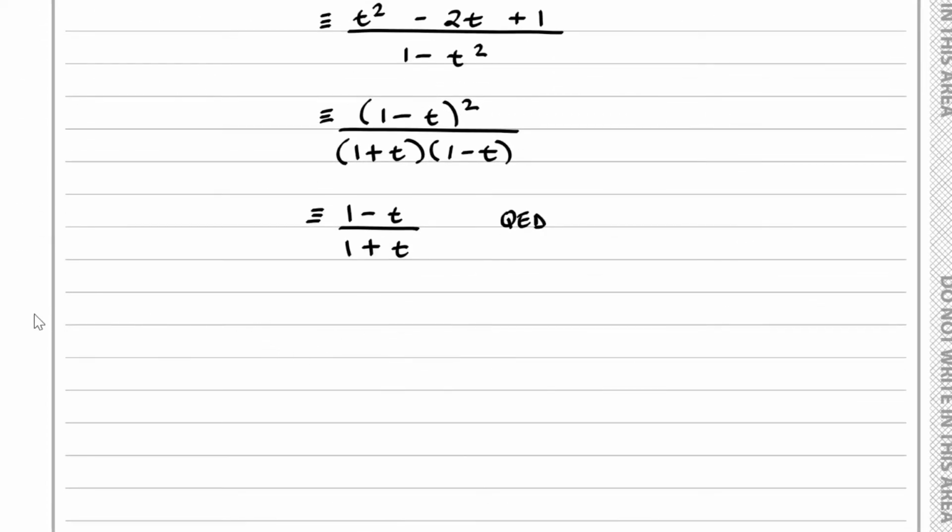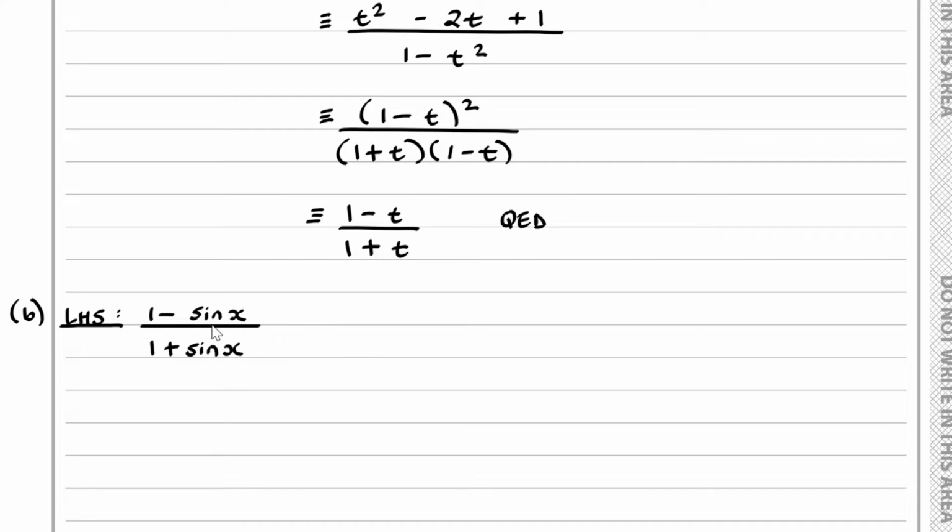So for part B, again on the left hand side, what we have is 1 minus sine x over 1 plus sine x.